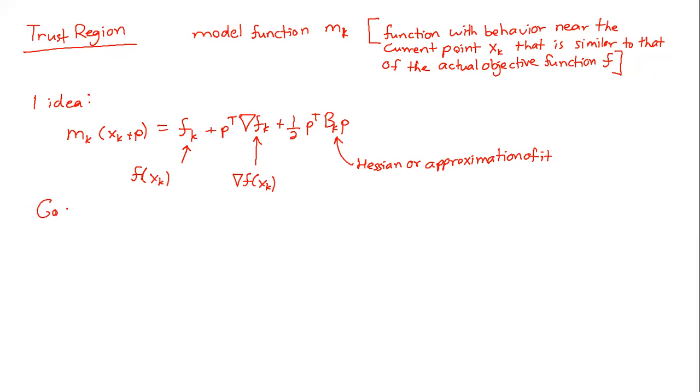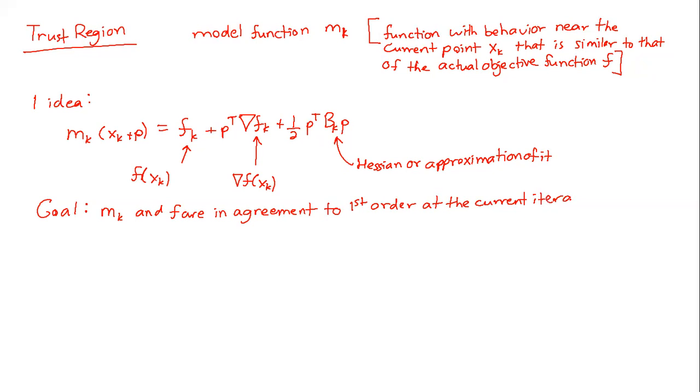And then, so the goal of using this type of function would be that mk and f are in agreement to first order at the current iterate xk. So that's the idea, and that shows you that you start with some model function that you can choose that has behavior near the current point that's similar to that of the actual objective function.